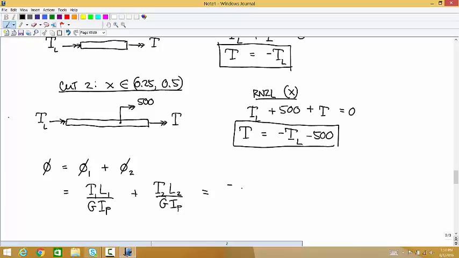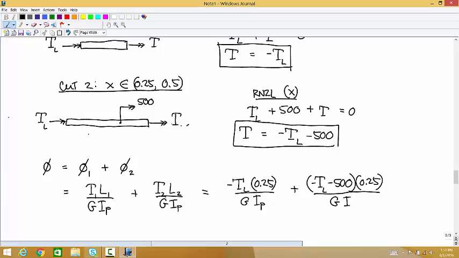So we have negative TL times 0.25 over GIP plus the quantity negative TL minus 500 times 0.25 over GIP, and that all has to be equal to 0.